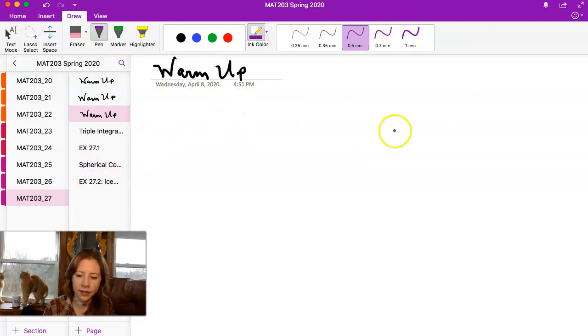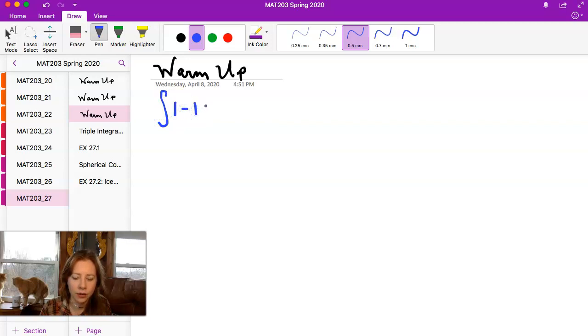Now our next piece is going to be, we had our u sub, and we had the integral of 1 minus u squared cosine theta du over cosine theta.